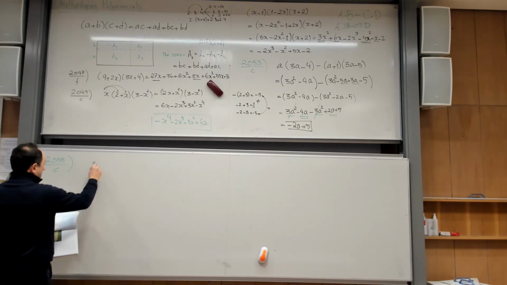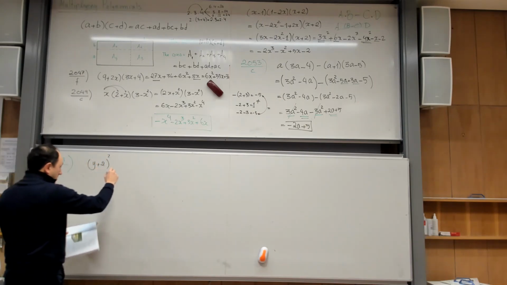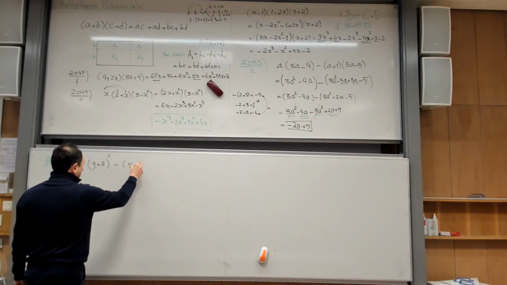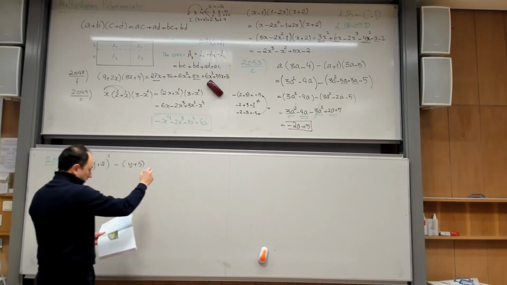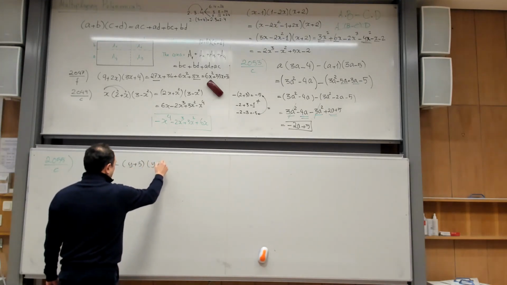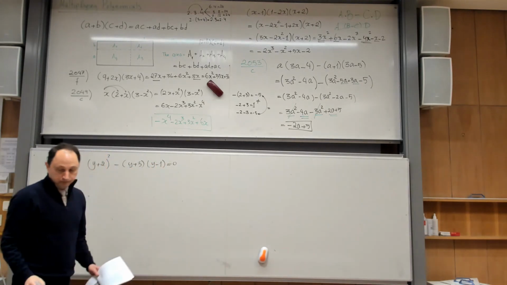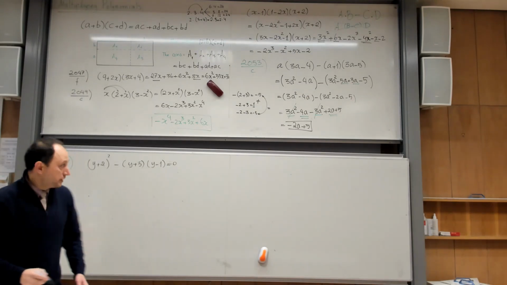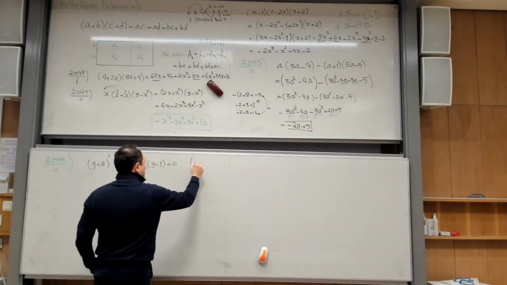y plus 2 squared, totally squared, minus y plus 3, and then y minus 1 equals to 0. So let me emphasize here, we are supposed to solve.